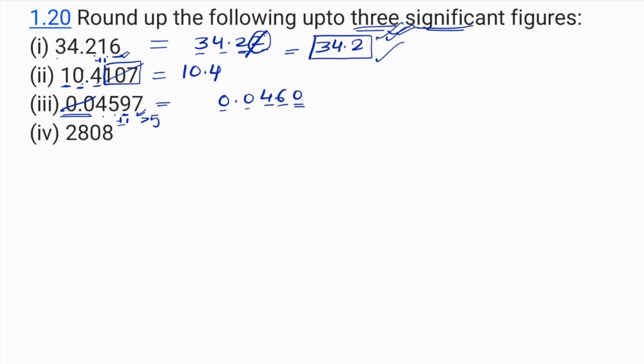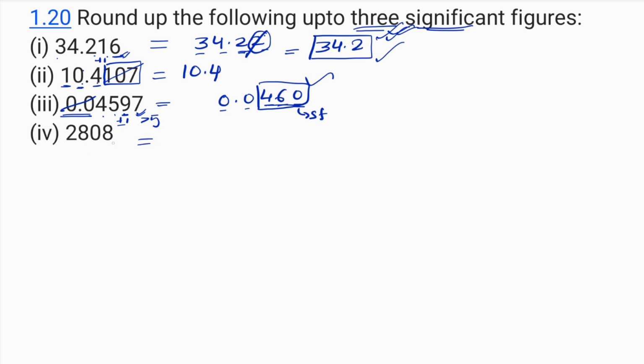There was a rule, if you remember, that if there is a 0 to the right hand side of a decimal, that is a significant figure. So these 3 are significant figures. Now this is going to be the answer. I hope this is understandable to all.